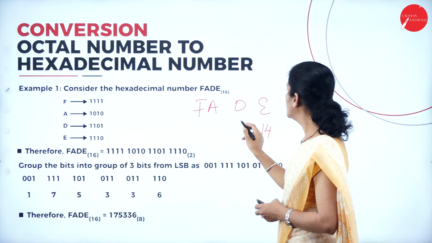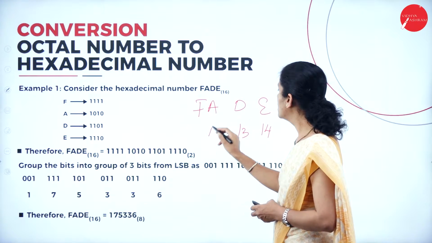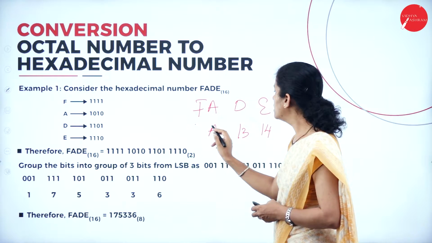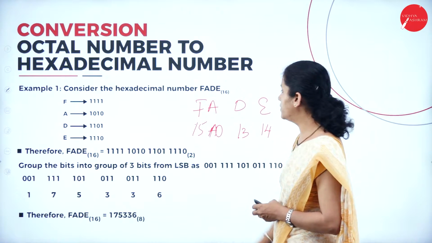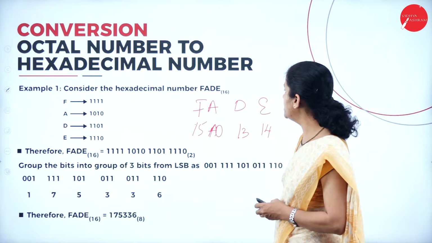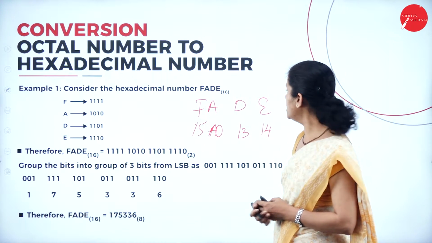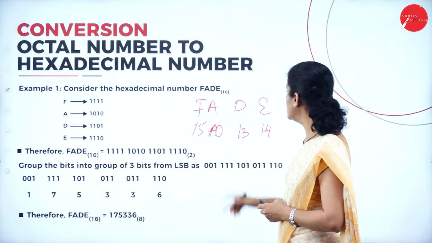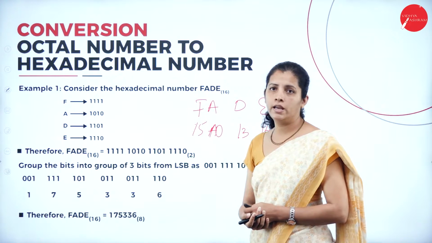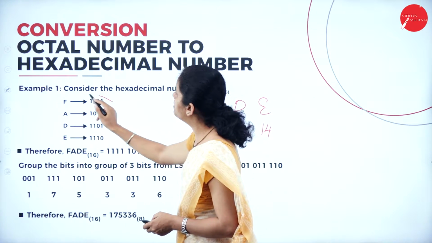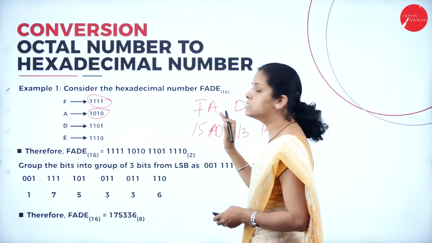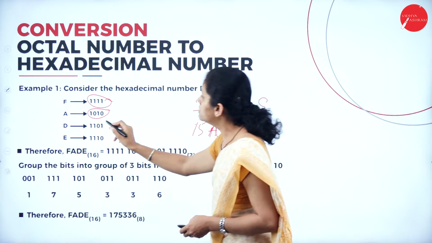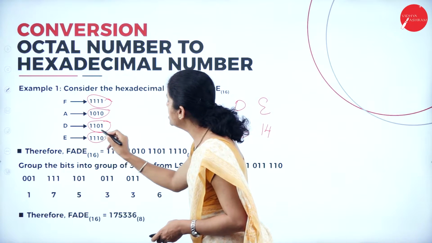So F is nothing but 15, A is nothing but 10, D is nothing but 13 and E is nothing but 14. And I'm going to write the binary representation of these digits. So this is my binary representation.